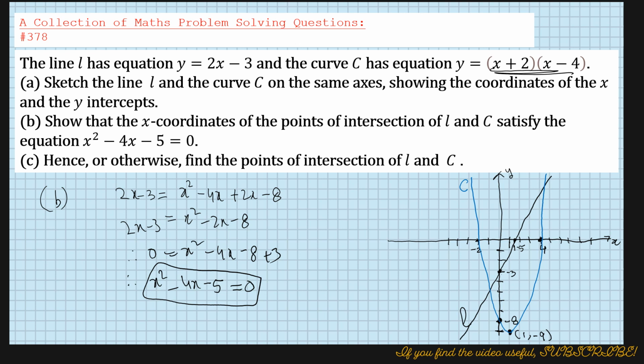So now the next part, to find the points of intersection, all we have to do is to solve this.